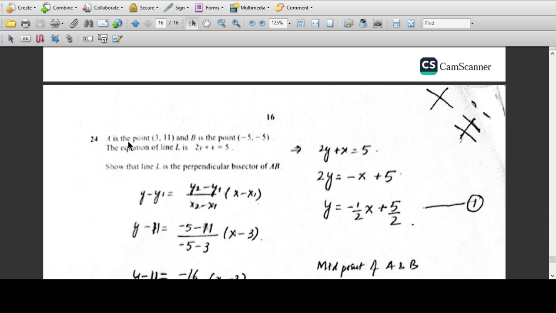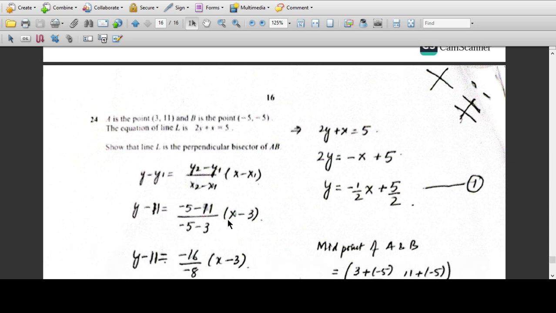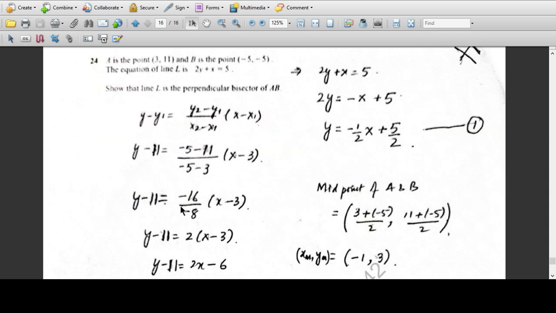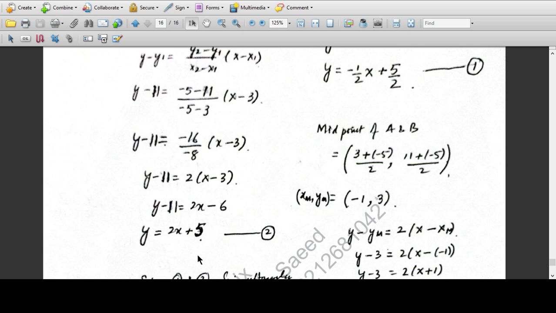So the equation of line AB is y minus y1, where y1 is 11 and x1 is 3. From this we have obtained the equation, which on simplification is y minus 11 is equal to 2x minus 6, so y is equal to 2x plus 5.